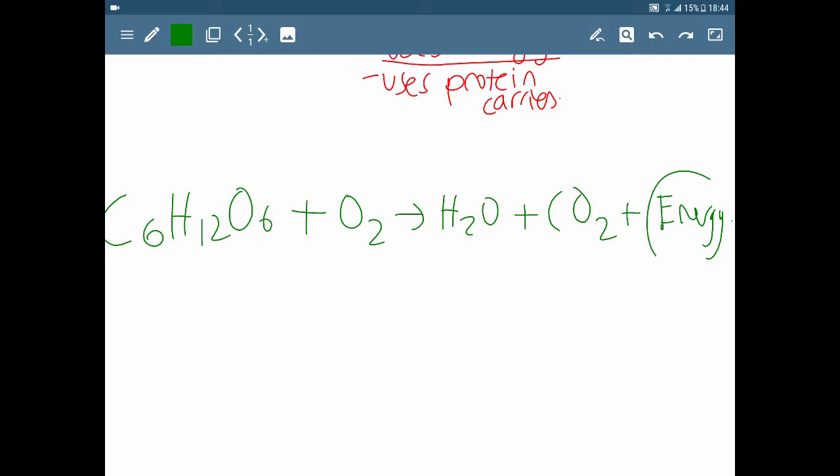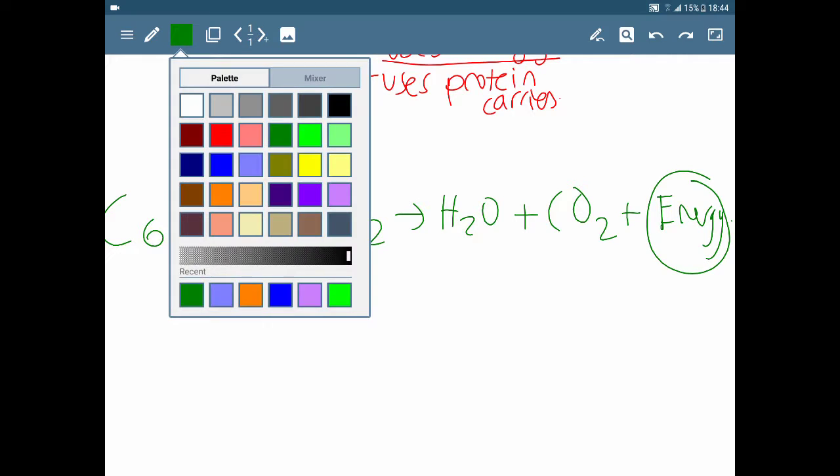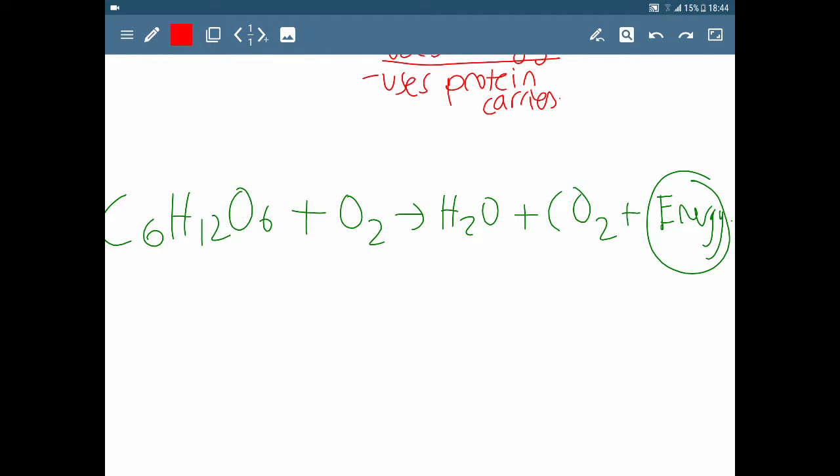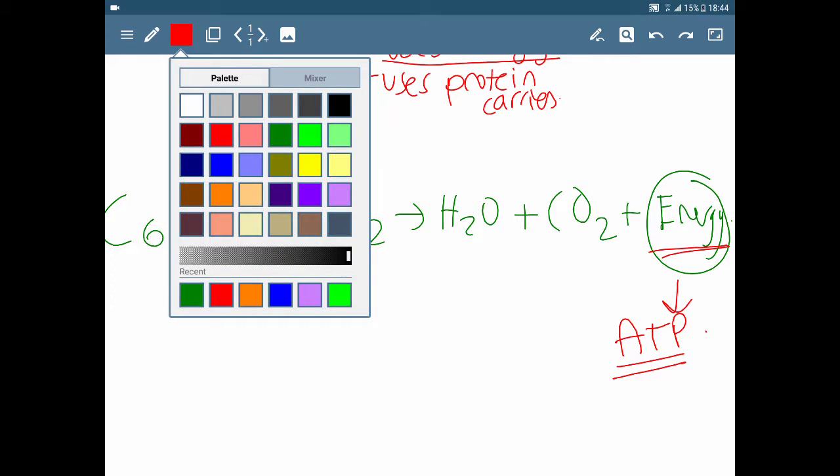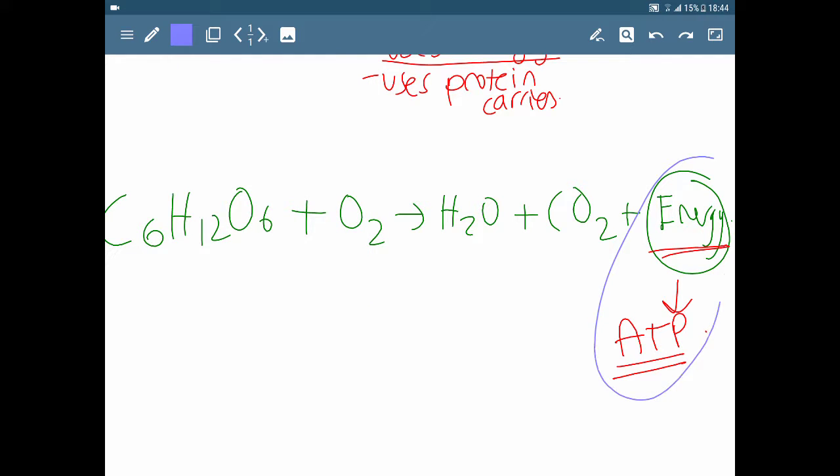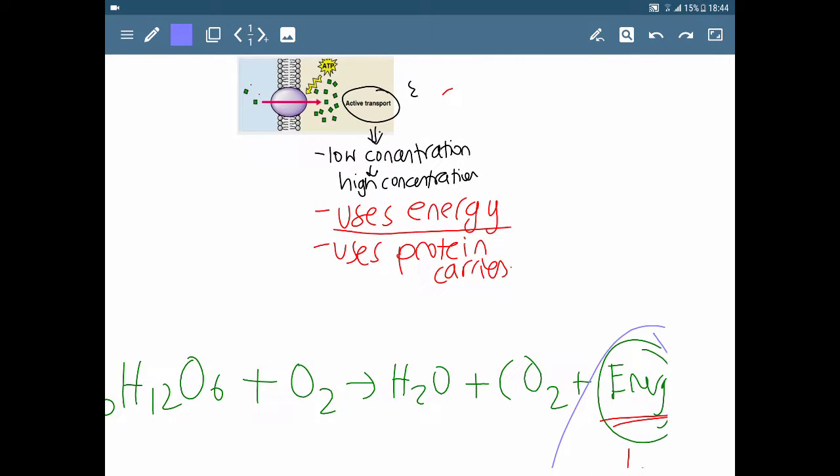This energy is also called ATP. Either ATP or energy. This energy is used in active transport.